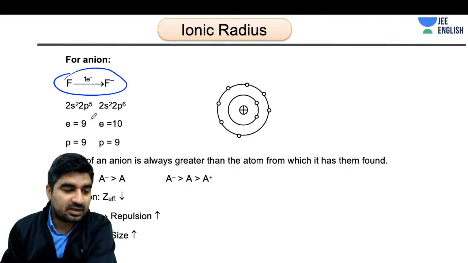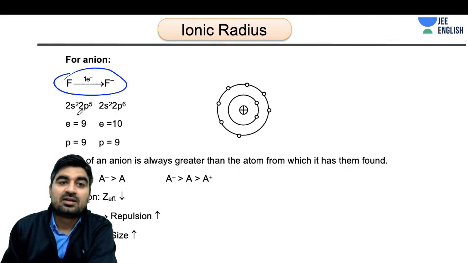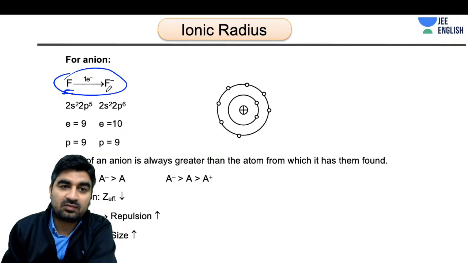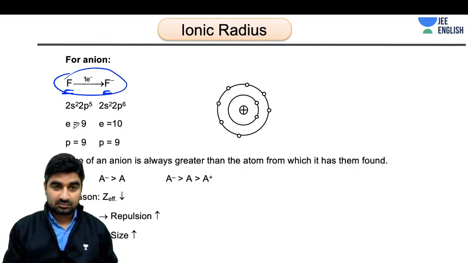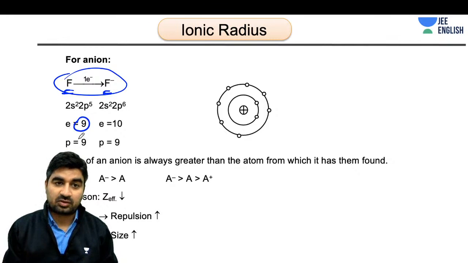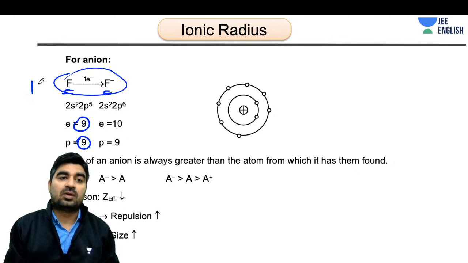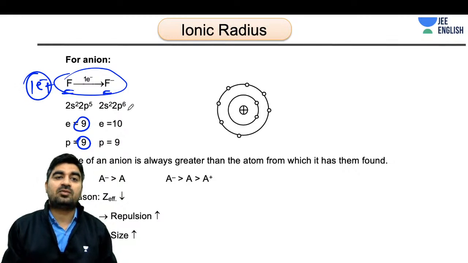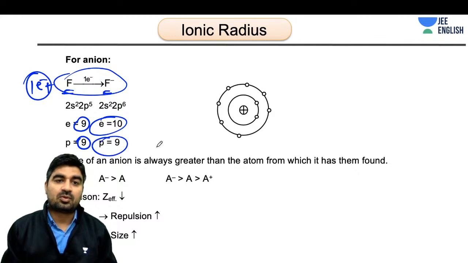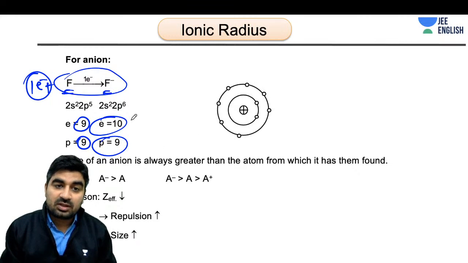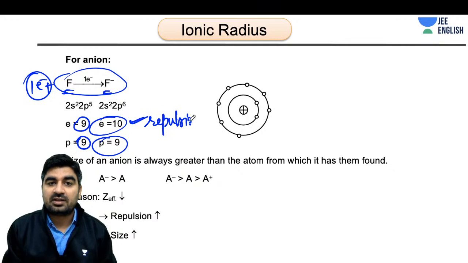In case of anion, guys, let's do it quickly. We have fluorine, which has 9 electrons and 9 protons. Once it gains one electron, I will get 10 electrons and 9 protons. So with these 10 electrons, there will be high repulsions. Why will there be repulsions?